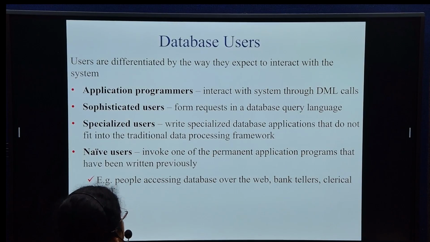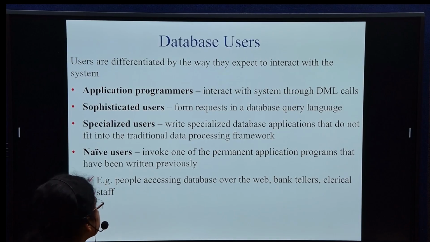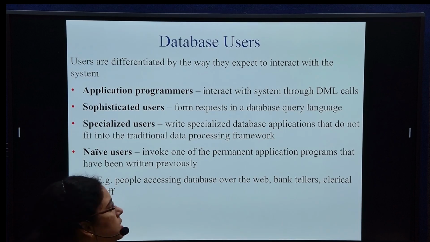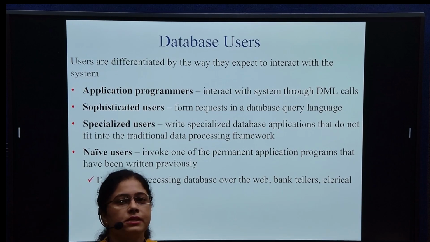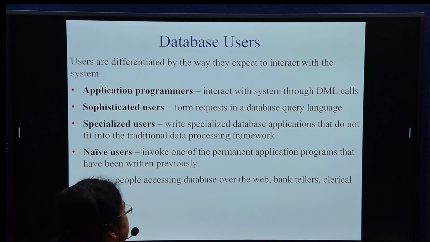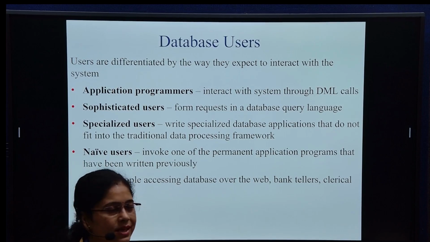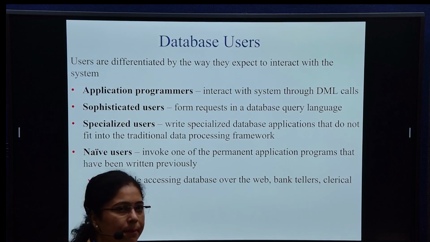Next is database users. We have classified database users into different categories: application programmers, sophisticated users, specialized users, and naive users. First, application programmers interact with the database through DML queries. Next, sophisticated users make requests to the database through a query language. Next, specialized users write specialized database applications.